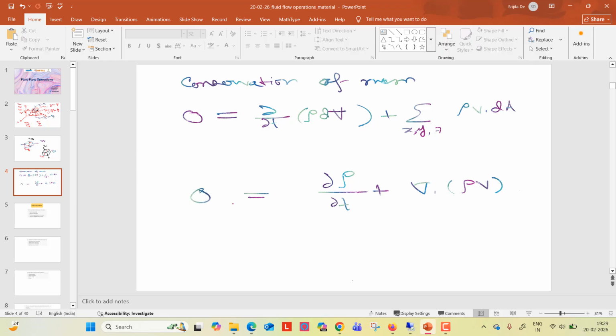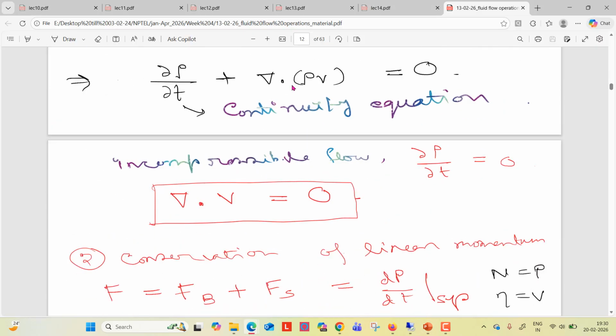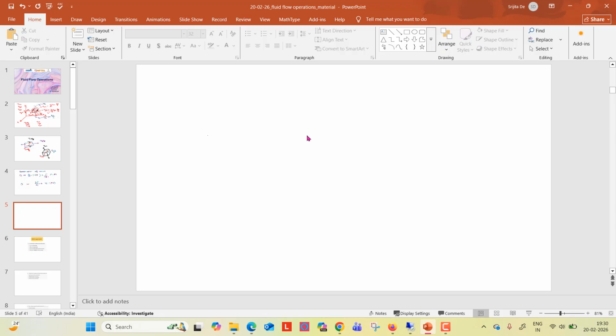This is the general continuity equation, and now if you consider incompressible flow, del rho del T will be 0, and only divergence of rho V remains, so divergence of V will be 0. So this is the part of the Navier-Stokes equations. Okay. Next comes the momentum equation, how the momentum equation is changing.